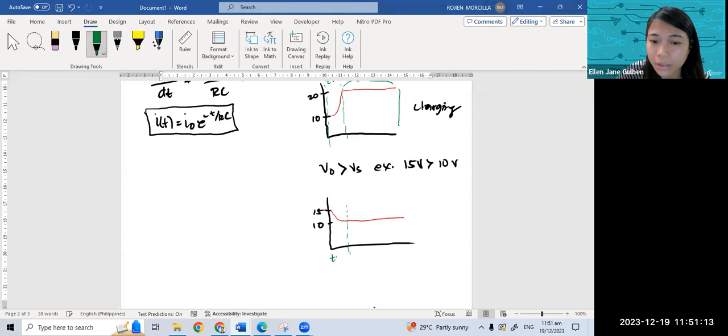This one is your transient response and this one will be your steady state. So this right here is a discharging of 5 volts.